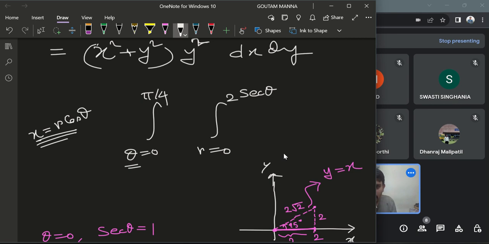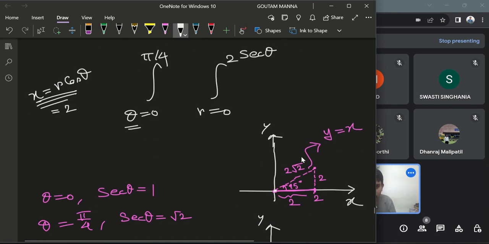Now if I put this value, for r equals 0 we are here, so this is the lower limit of x, and x is going at a maximum, if I put the upper limit of r, 2 sec theta, it will give 2. So for each value of theta, r is covering these kinds of distances, but x is always going from 0 to 2. For all theta, x is going from 0 to 2.